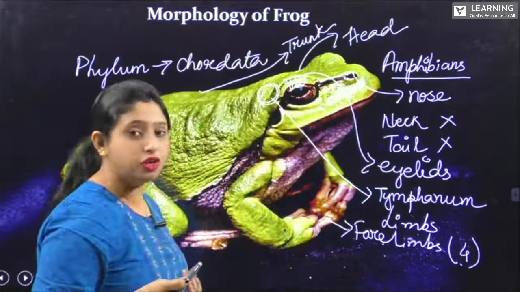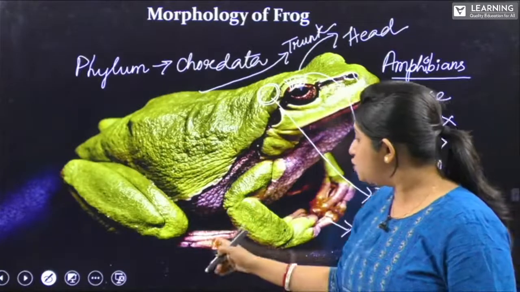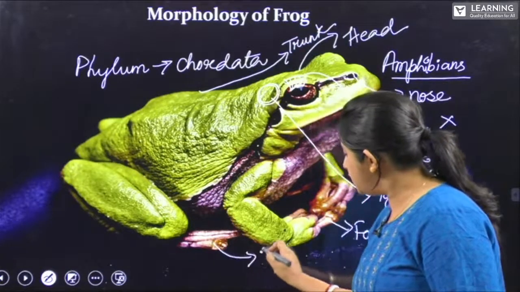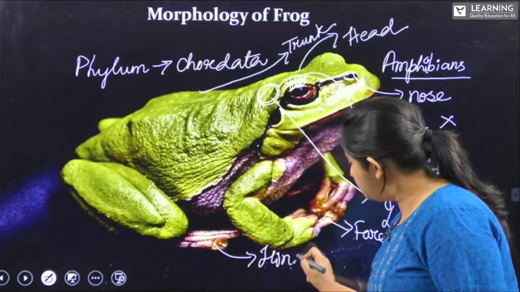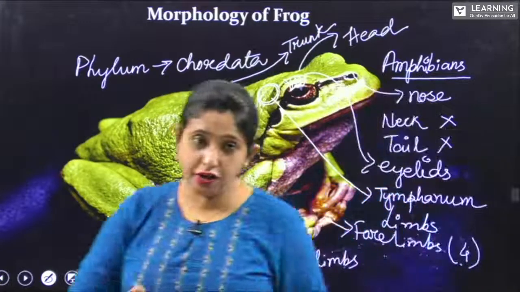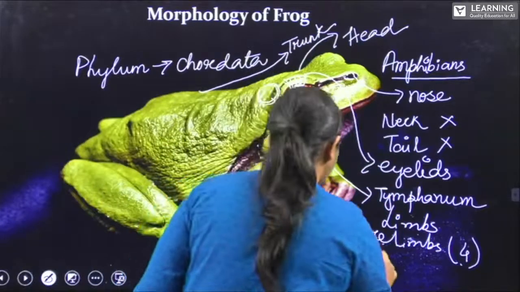These are the hind limbs, and hind limbs are 5 in number.